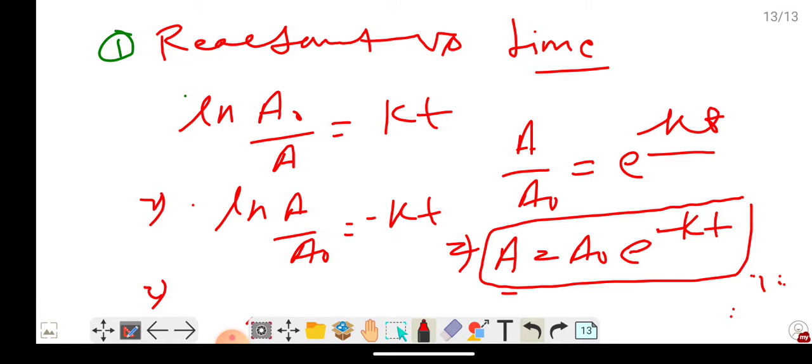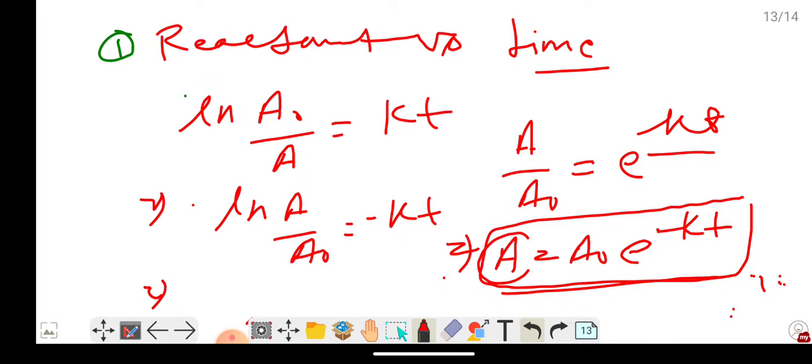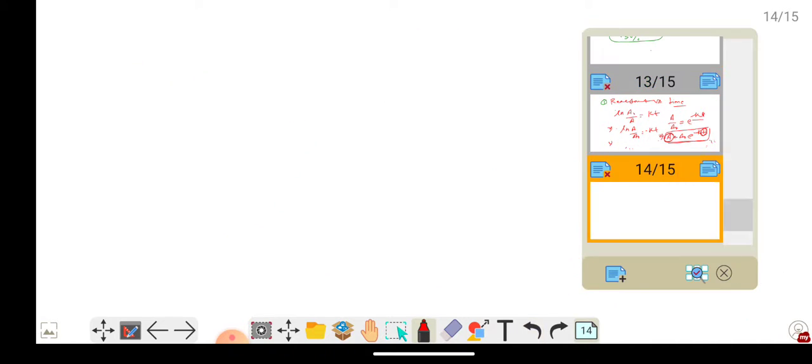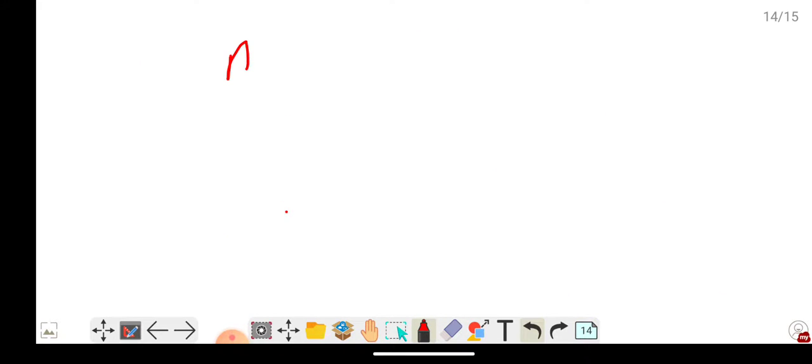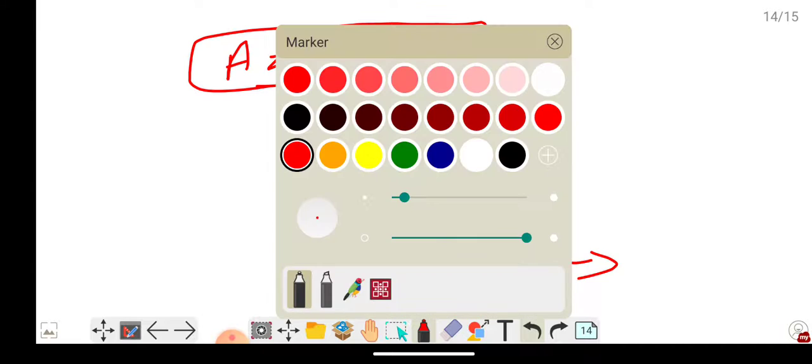So this is the relation between the concentration of reactant at time t and the time. Following this relation we have the graph.